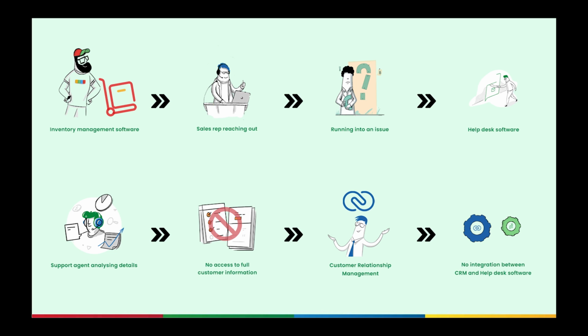Communication between the teams is lagging as there is no flow of information. In the meantime, the sales rep of ABC Corporation follows up with you for closing the deal without being aware of your issue pending resolution from the support. This affects you as an end user, leaving you with a poor customer experience.